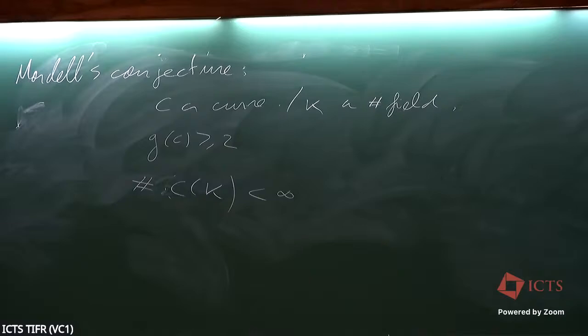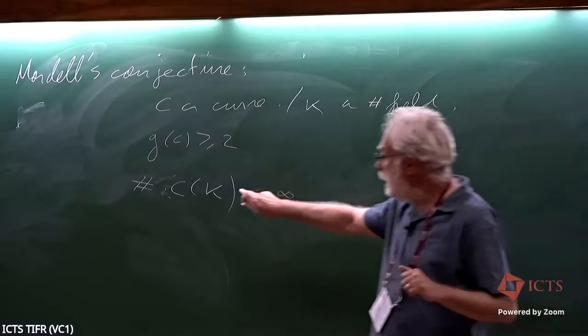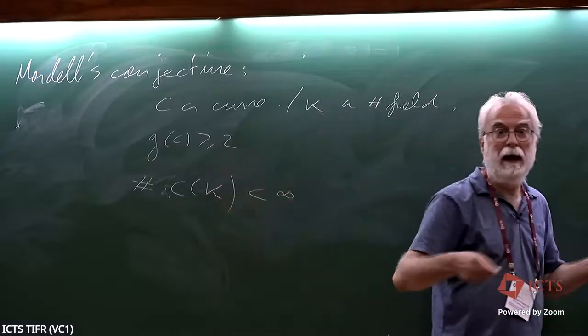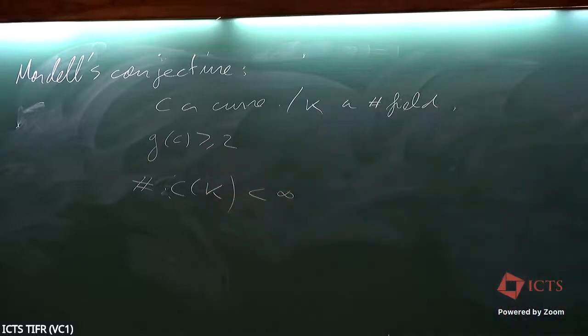But if my variety is of genus bigger or equal than 2, then the number of special points has to be finite. Okay? Here, a special point means that all the coordinates are in the field K. This is a very special property, because in general, if I take an algebraic point, it will have coordinates in a very big field. The property of being special is to have coordinates in the field K.